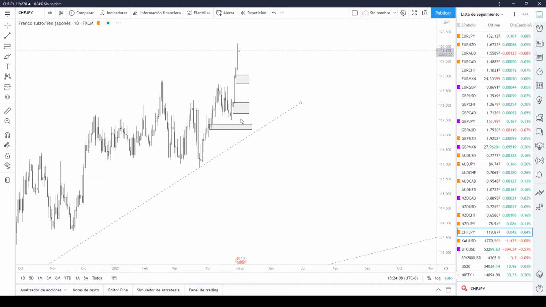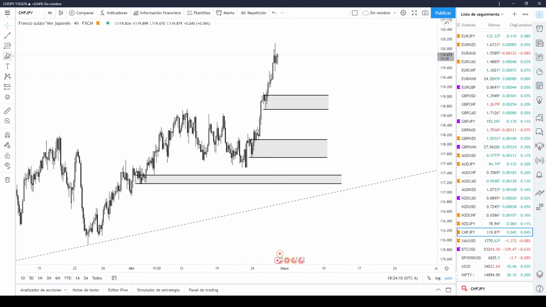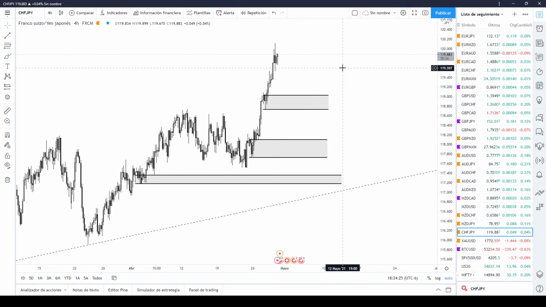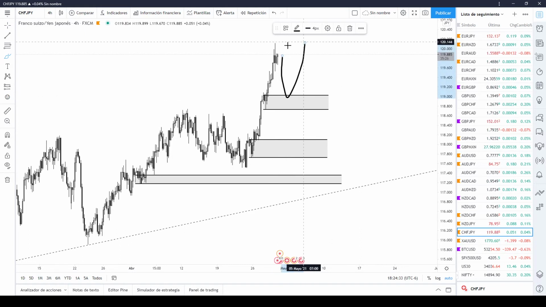So the price can make a retracement for the next week all the way down, look for confirmation and go long. Same thing. Why? Because the weekly and the daily are bullish. 4 hour is bullish. We have these levels here.